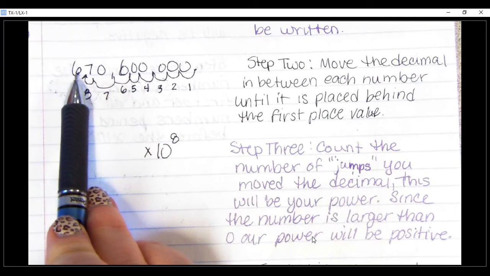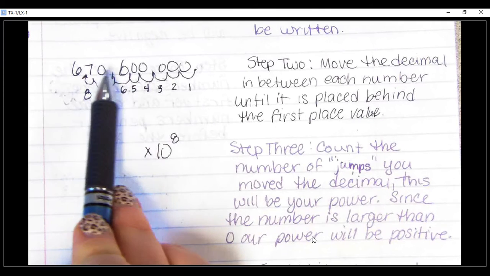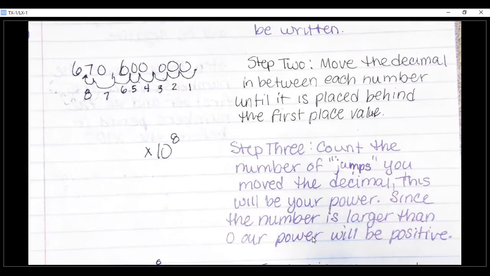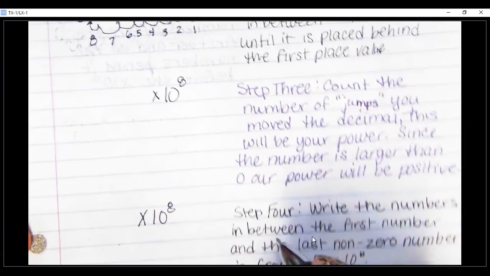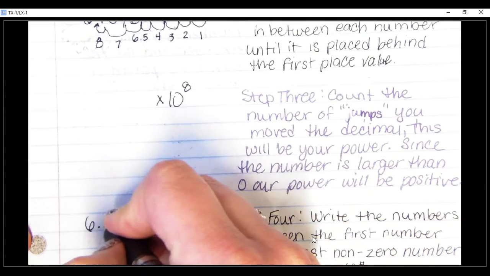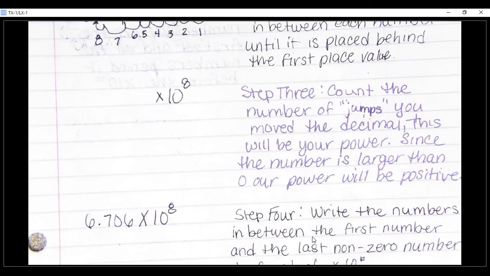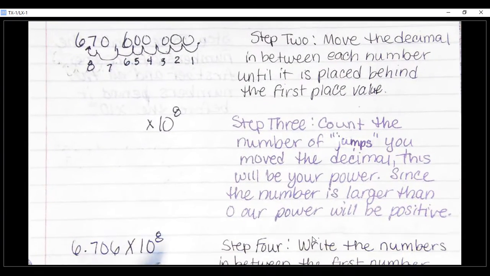So I'm going to write my 6, my 7, even this 0 and this 6, but nothing else. I don't want any of these zeros after that. So my final answer is going to be 6.706 times 10 to the 8th power. That 0 in between needs to be there because it's a placeholder. It's representing something. All the zeros at the end, that is what we're trying to avoid writing. And by writing times 10 to the 8th, we will be able to show those zeros, but in a different form.